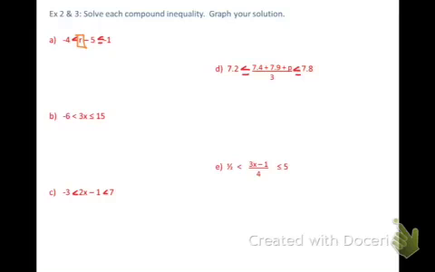So what you need to do is add 5 to all 3 areas. You're going to have r in the middle now. And you'll go negative 4 plus 5. That's 1. Negative 1 plus 5 is 4. So now that you have everything, r is all by itself. It's isolated.